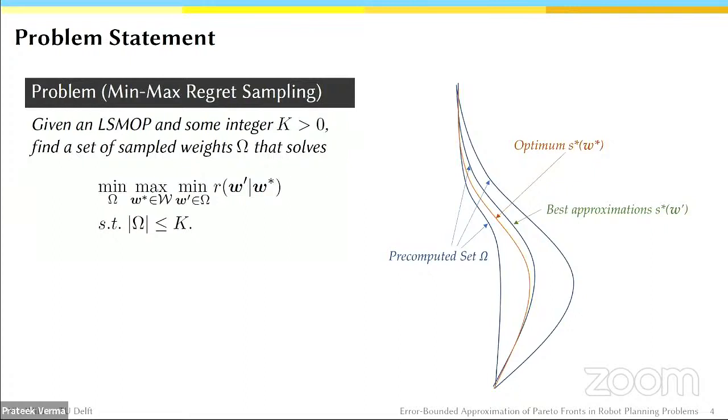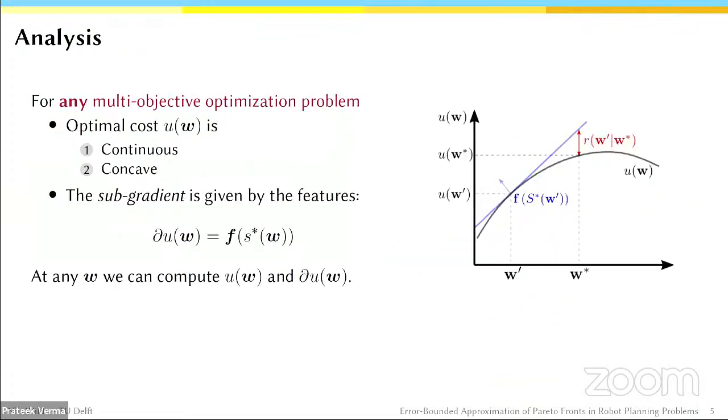That's the one in orange. So we then pick the one from our pre-computed set that does the best job at approximating. The maximization tells us that this orange solution that we want to approximate is chosen in a worst case manner. And now our job is to solve the outer optimization to pick a good set of pre-computed solutions. And all of this is subject to the constraint that we can't do more than K pre-computations.